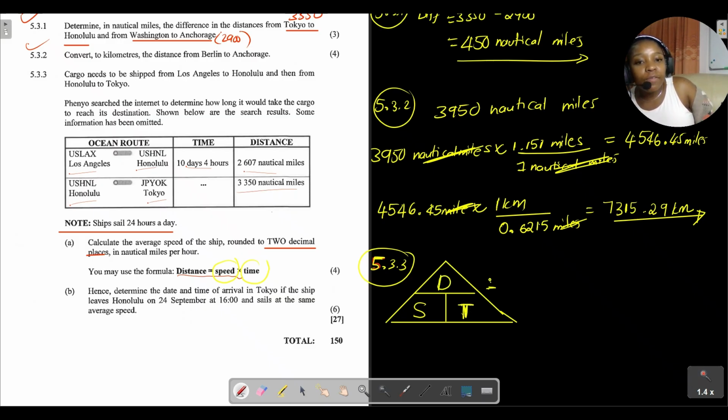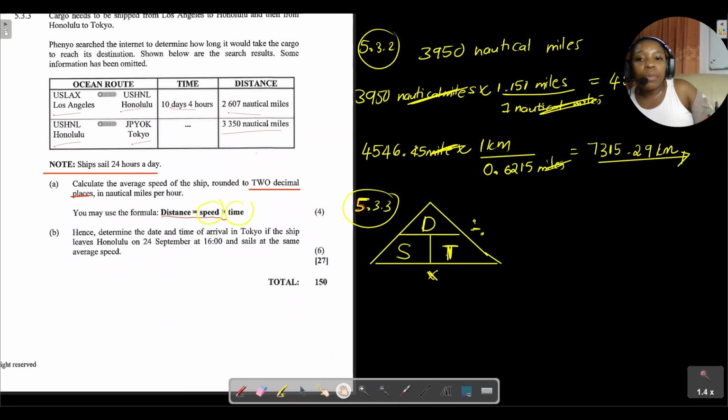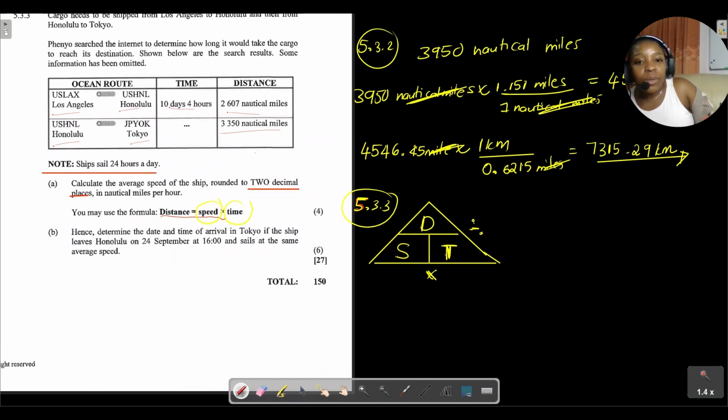So if it's a value at the top and a value at the bottom, we divide. Values next to each other, we multiply. They're asking us to calculate the average speed of this ship. We can see that average speed is equal to distance over time.